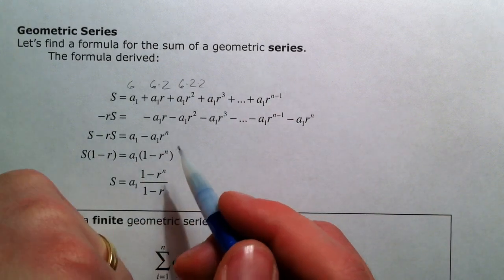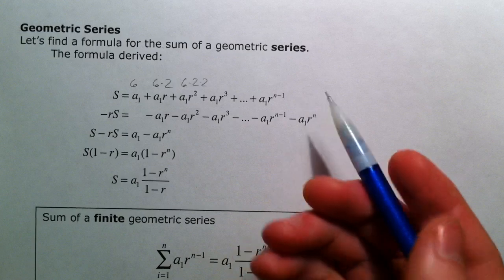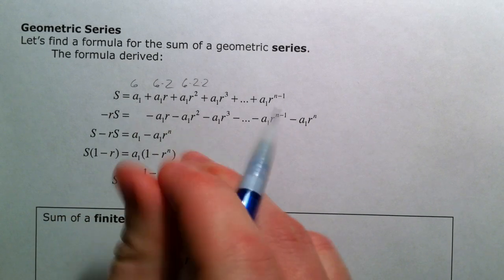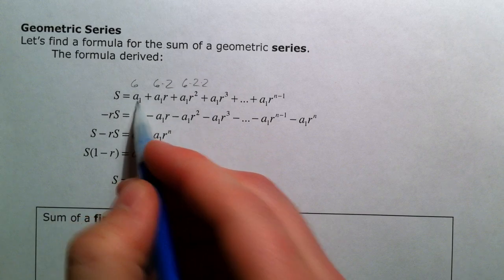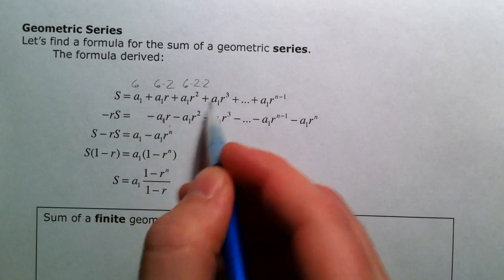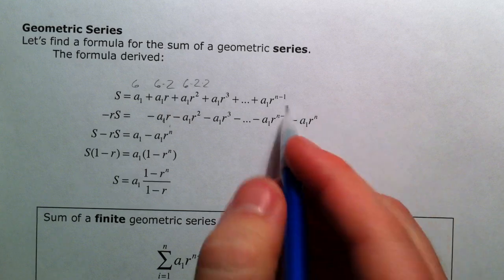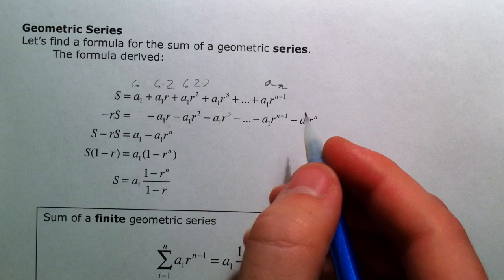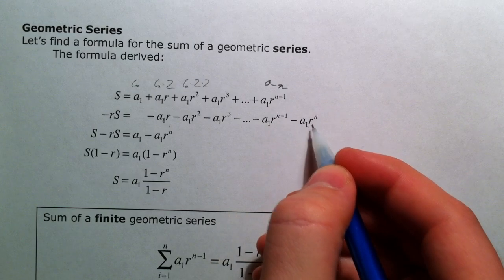Let's suppose that we multiplied this whole equation by r. If you multiply a sub 1 times r, it lines up right here, and everything shifts over. This is our nth term equation, a sub n. And then we get the next one up.